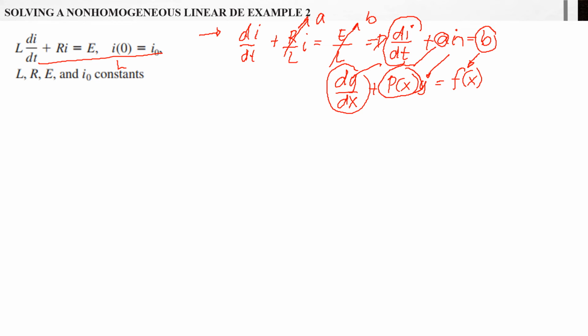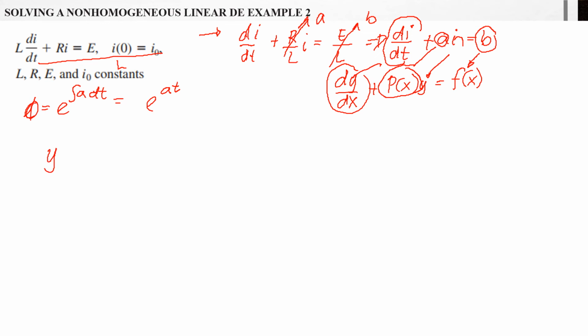So therefore, your integrating factor phi is equal to e to the integral of A dt, since we are talking of dt here. So therefore e^(At).